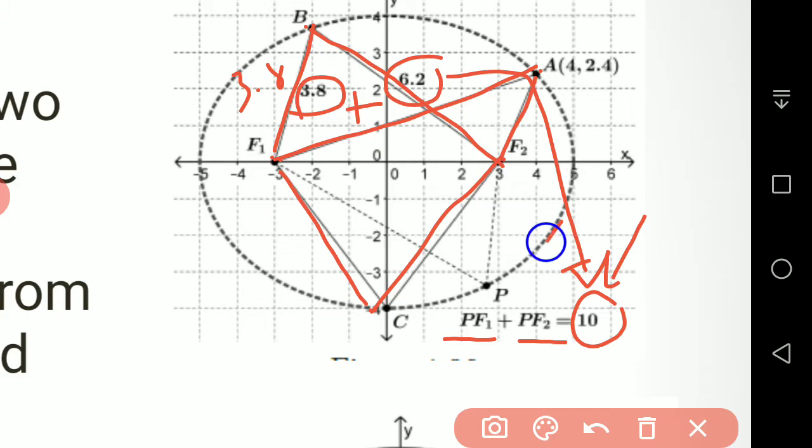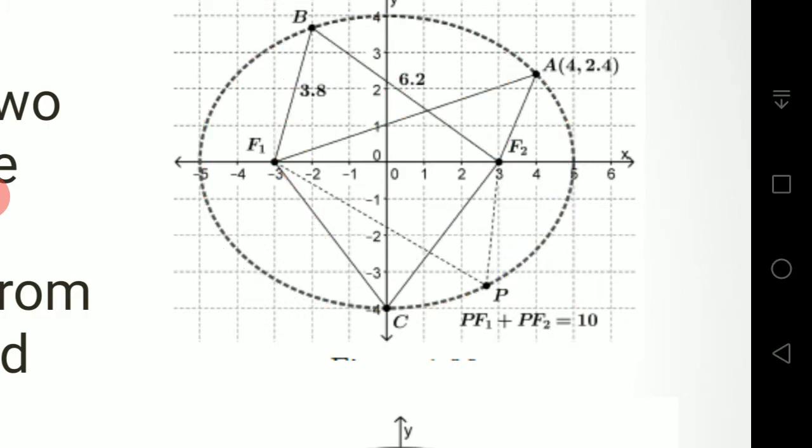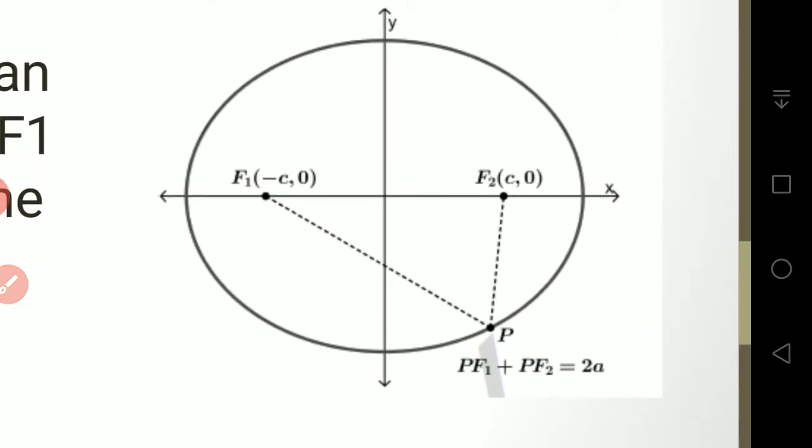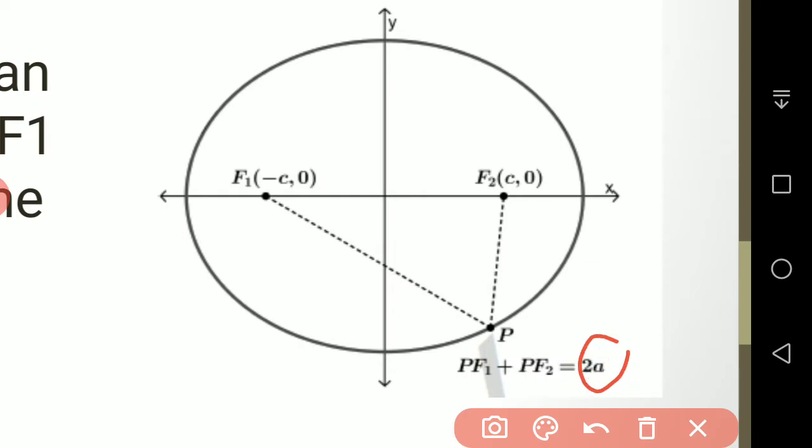So all these points, our curve, are the points that create an ellipse. In this case, that certain constant sum is equal to 2a. We don't know yet what a is, but as we move along in this video, you'll learn what a is, a very important distance.